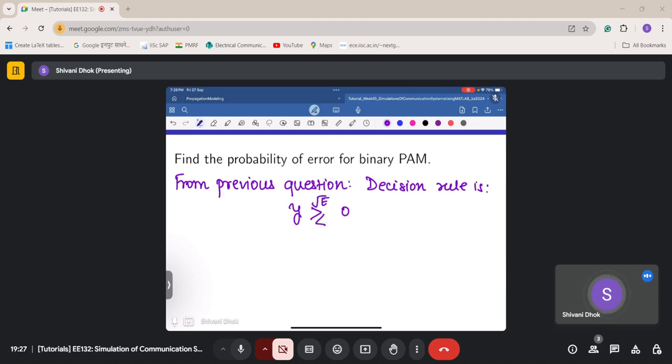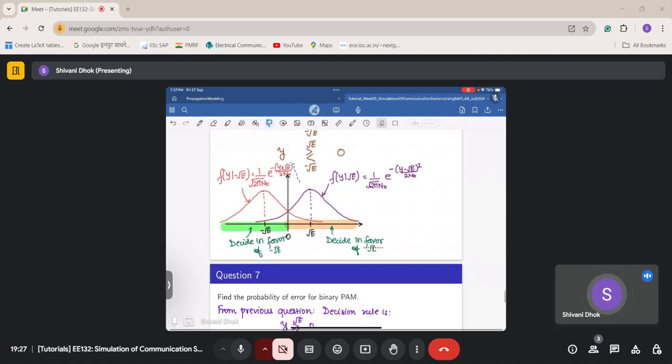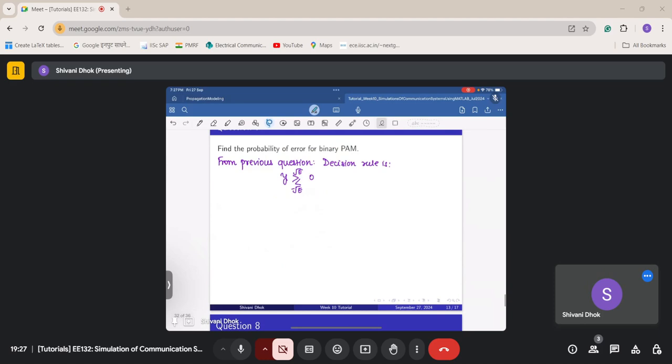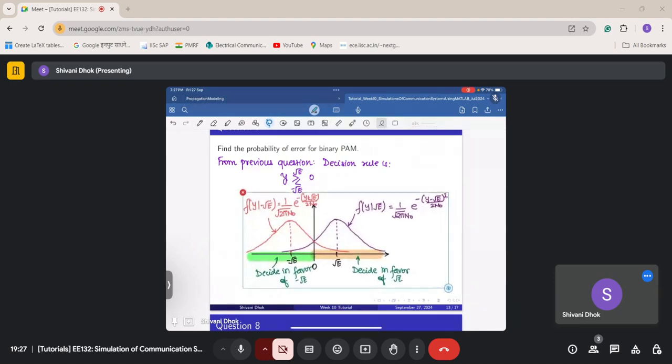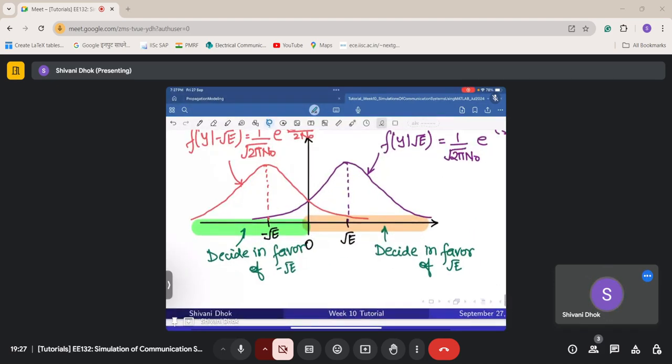If it is less than 0, decide in favor of minus root e. This is the decision rule, or decision regions, that we have obtained.